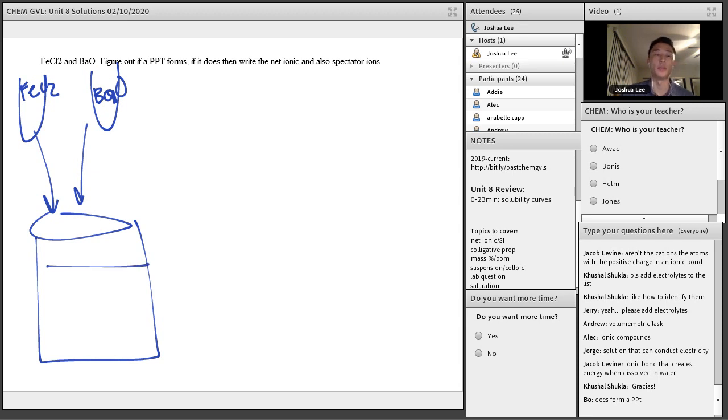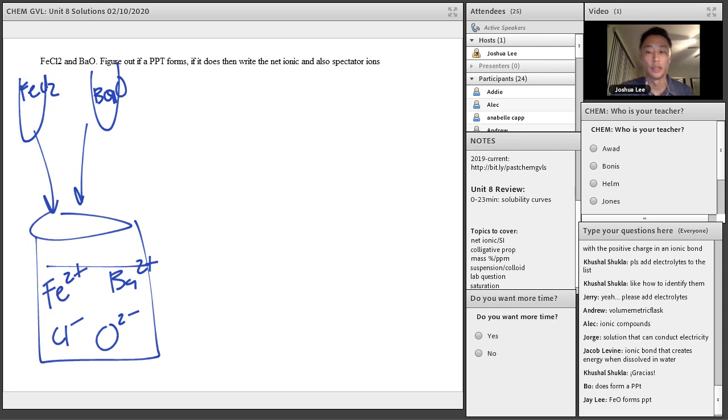When we put them in the big beaker, we're going to have some iron ions, some chlorine ions, some barium ions, and some oxygen ions. To show all that, we have to show what solutions we're starting off with. I'm going to show more work than some of your teachers might ask for, but that's just in case your teacher does ask for all those details.